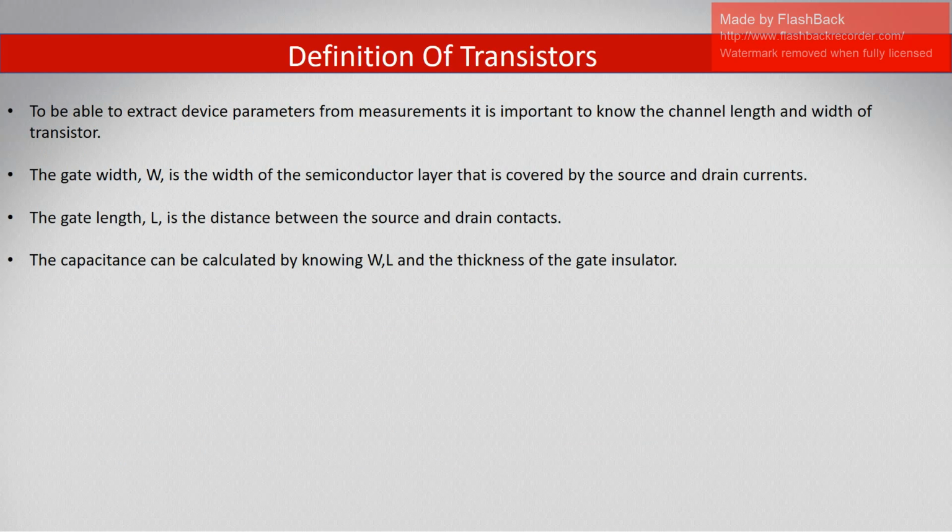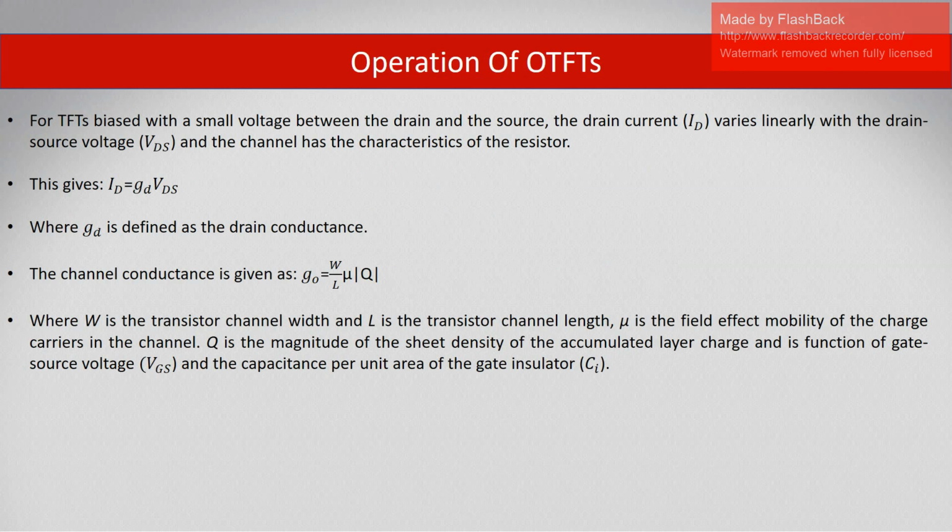So W is here the width of the semiconductor layer that is covered by the source and the drain contacts. The gate length is L. When we apply a small voltage between the drain and the source, the drain current varies linearly with the drain-source voltage, and the channel has the characteristics of a resistor. So how is ID calculated?